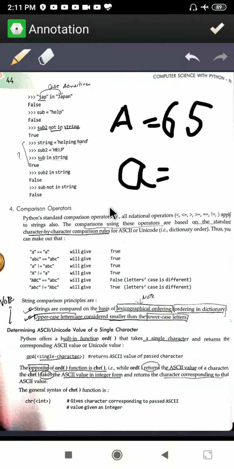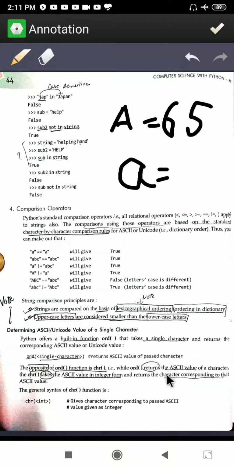So it is smaller. What are these ASCII values? Every character present on the keyboard has certain values, and these values are known as ASCII values. ASCII stands for American Standard Code for Information Interchange.